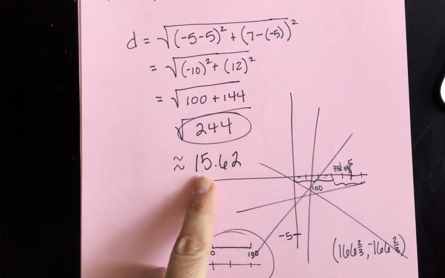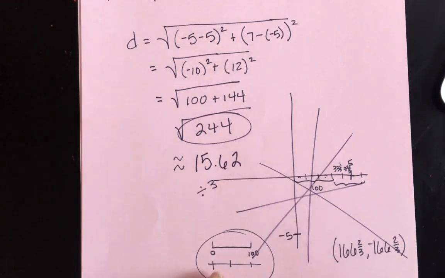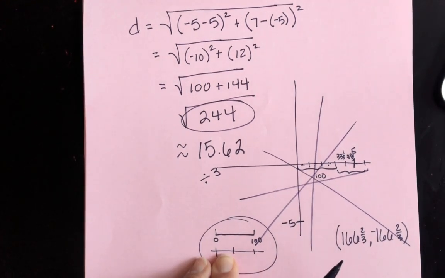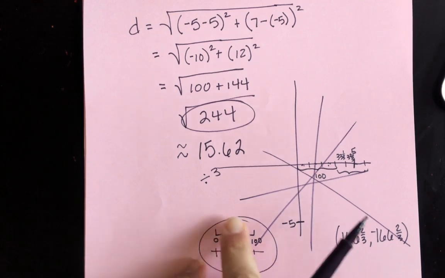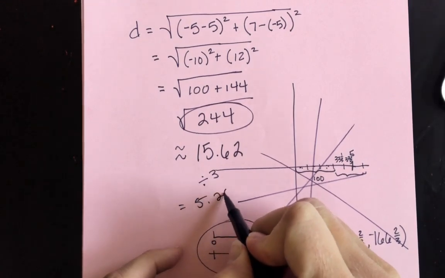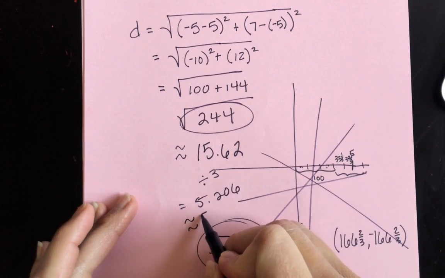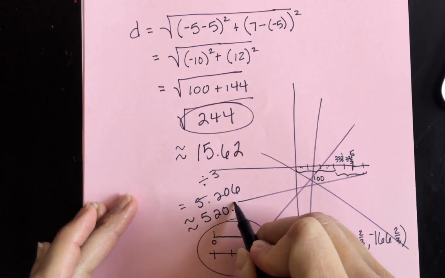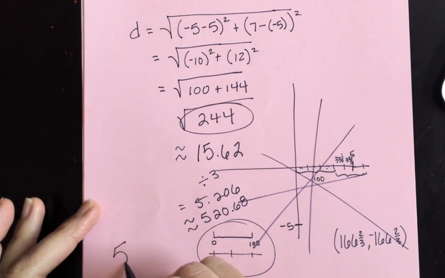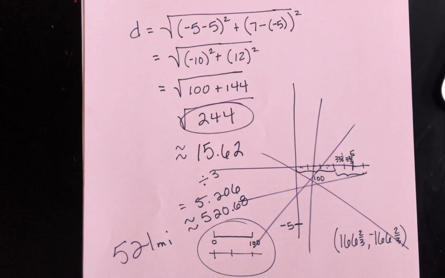So if I took this and divided it by 3, so now we break down what each block is going to be worth. Instead of 3 is 100, let's divide it by 3. We end up with 5.206. But we need it to be for 100 miles, so now multiply it by 100, and you get approximately 520.68, which is 521 miles, which sounds a little bit closer to what it would be from Fort Lauderdale to Tallahassee.